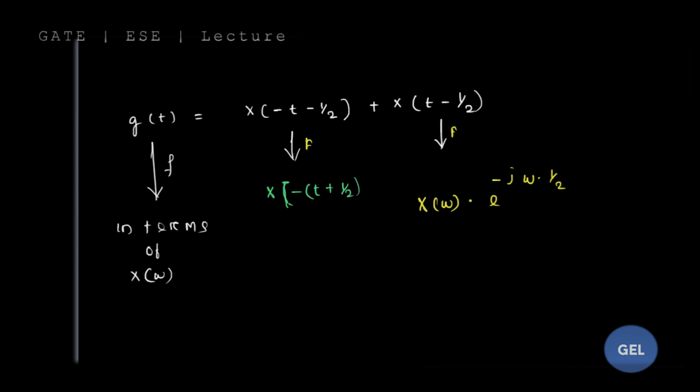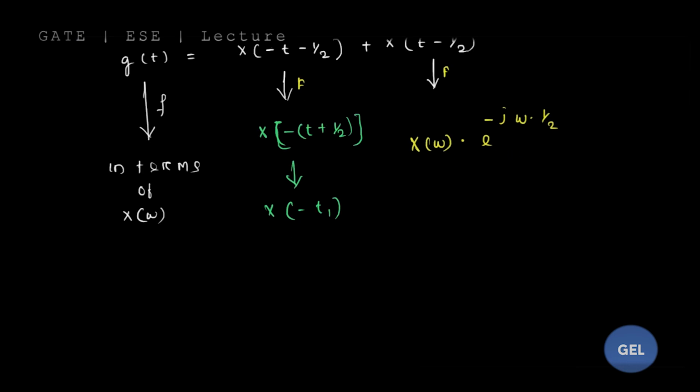Okay, now after getting this expression, you can clearly see the plus term. You can represent it in this way, x of minus t1, where t1 is nothing but t plus 1/2. You need to break this shifting in your mind, and x of minus t in the frequency domain will be nothing but x of minus omega only, no? So x of minus omega, you can say in this way.